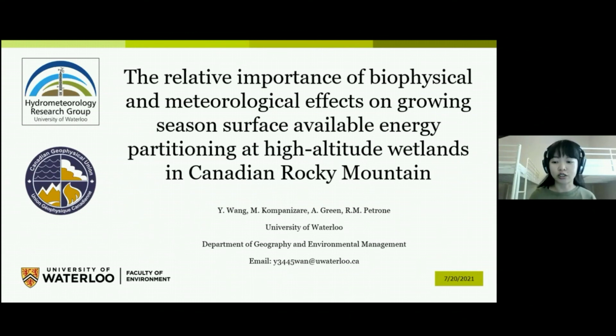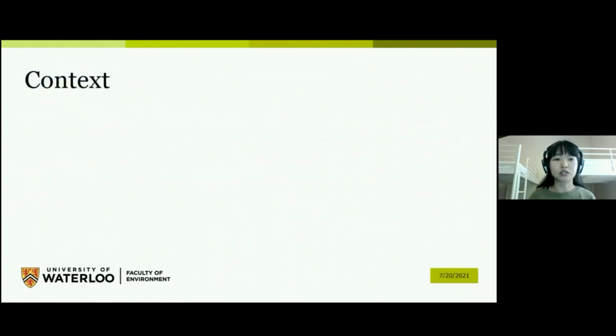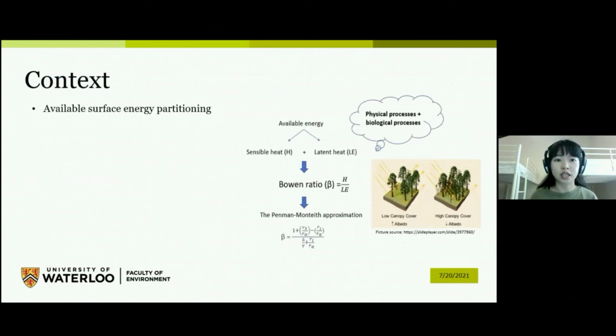And then just give a very brief context of this research. So the balance of the Earth's energy components, including the ground heat, sensible and latent heat, impacts the global climate systems and the hydrological cycles. And then the available surface energy is the total of the sensible heat and the latent heat.